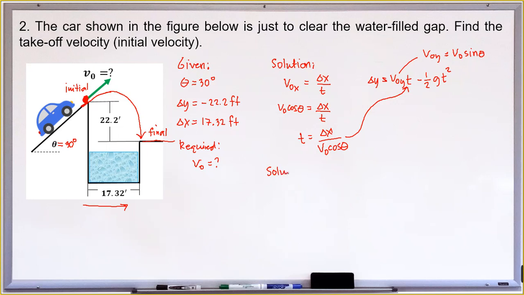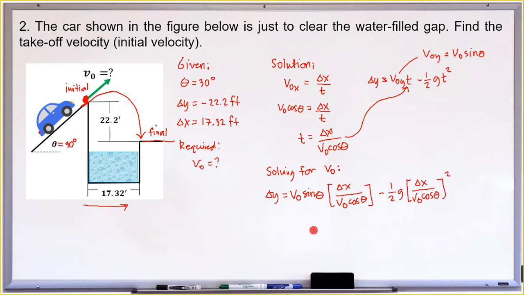So solving for v naught, let's combine. We have delta y is equal to v naught sine of theta, and for our time, that is delta x all over v naught cosine of theta, minus 1 half g times t square, so that is delta x over v naught cosine theta, all squared.